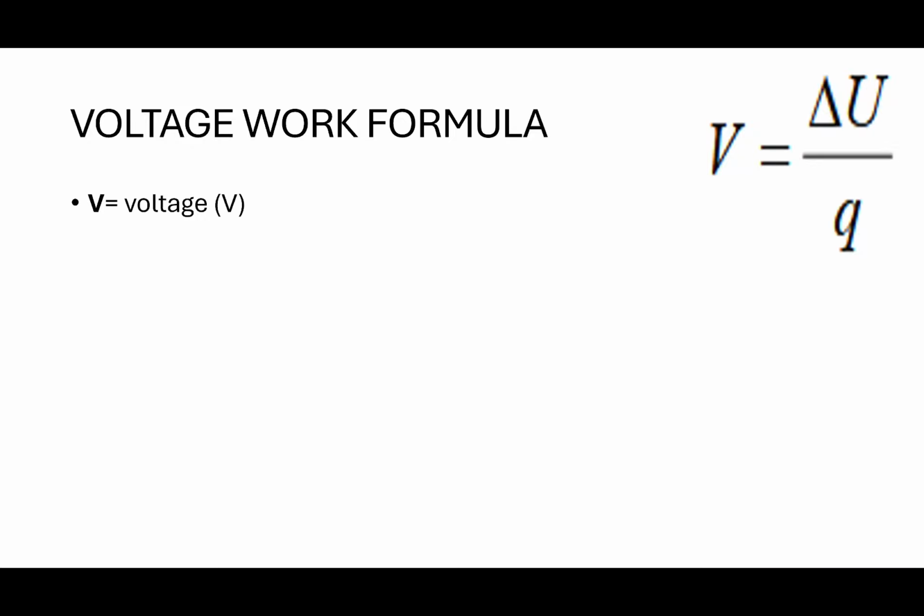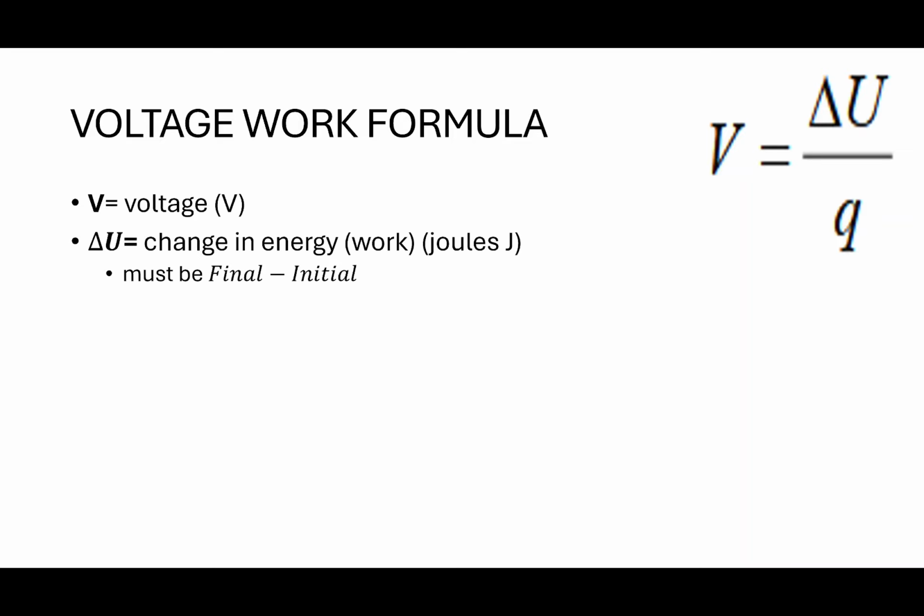So this is voltage, and it's relating voltage to delta U, which is energy or change in energy or work. So V is voltage in volts, delta U is change in energy in joules. And it must be the final energy minus the initial energy. So the energy you started with and the energy you ended up with.